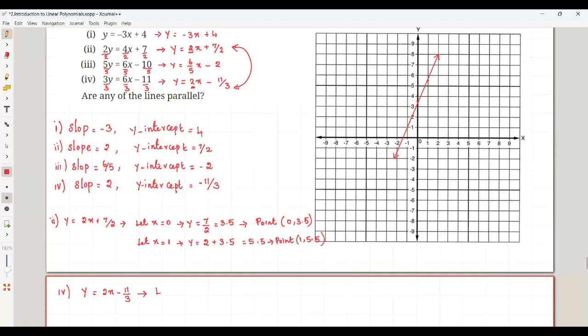First I'm choosing let x is equal to 0, and find the y value. Y is equal to, this will become 0, since 2 into 0 is 0.